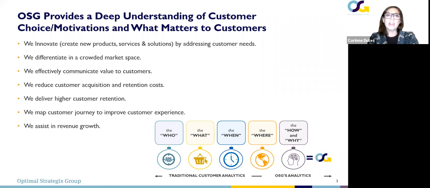Ultimately, what OSG allows is for you to intervene at critical points in that customer journey to predict future behavior. So what we can help with is provide the appropriate influence to steer behavior in the desired direction. So how does this relate to understanding the ROI for your digital transformation? This is what we're going to go through now.